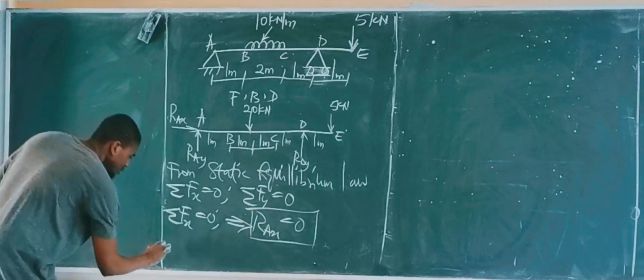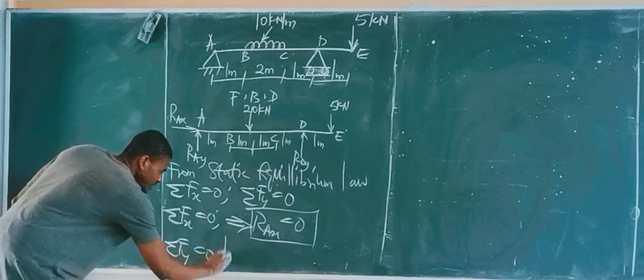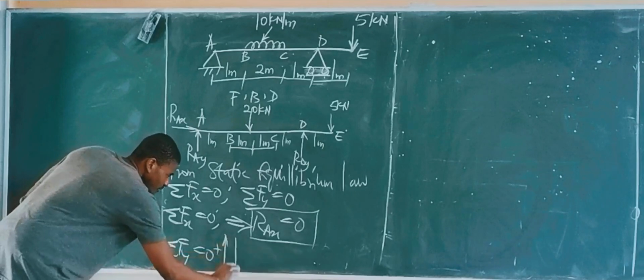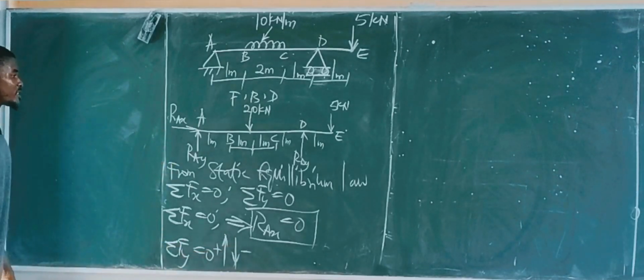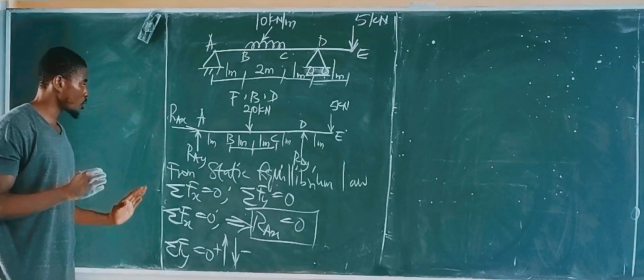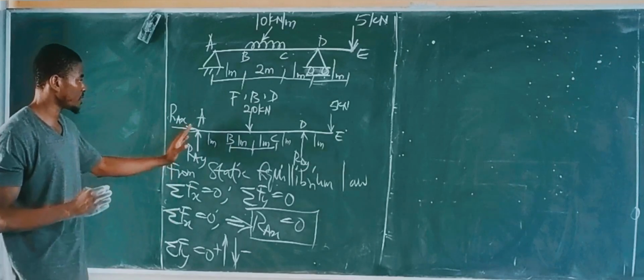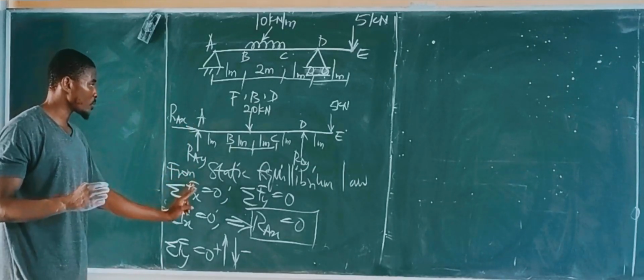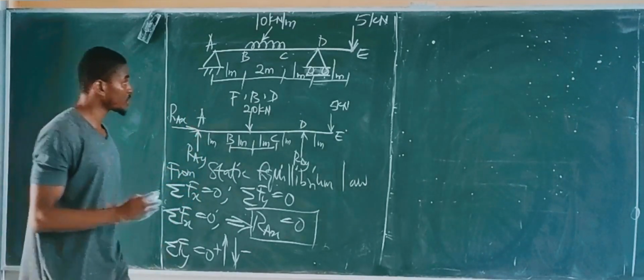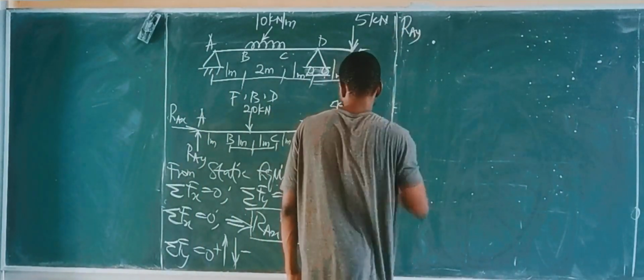Next is to find summation Fy equals 0. We consider vertically upward forces as positive, and vertically downward forces as negative. So we sum all the vertical forces and equate them to 0. Starting from point A, we have RAY pointing upwards, so it's positive RAY.